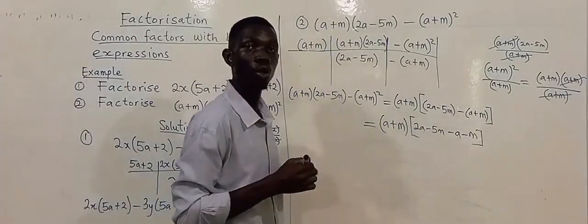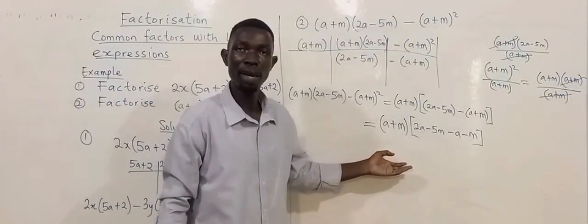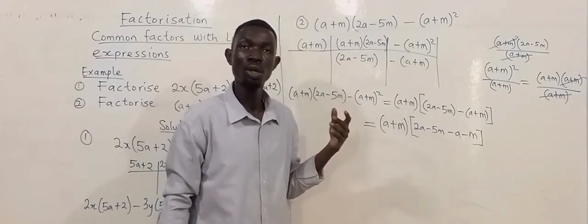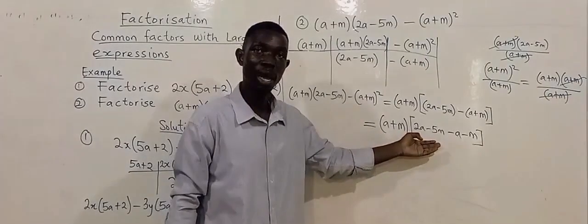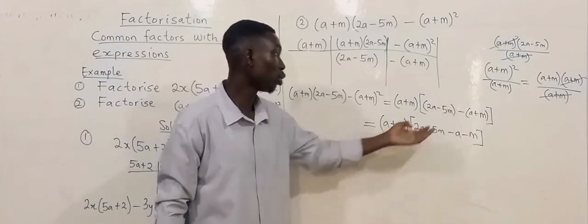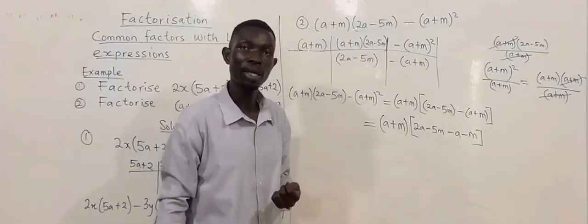We showed you how to remove brackets from algebraic expressions in our last videos. So if you can't do that at this time, you can visit those videos and get to know how to remove brackets from algebraic expressions.